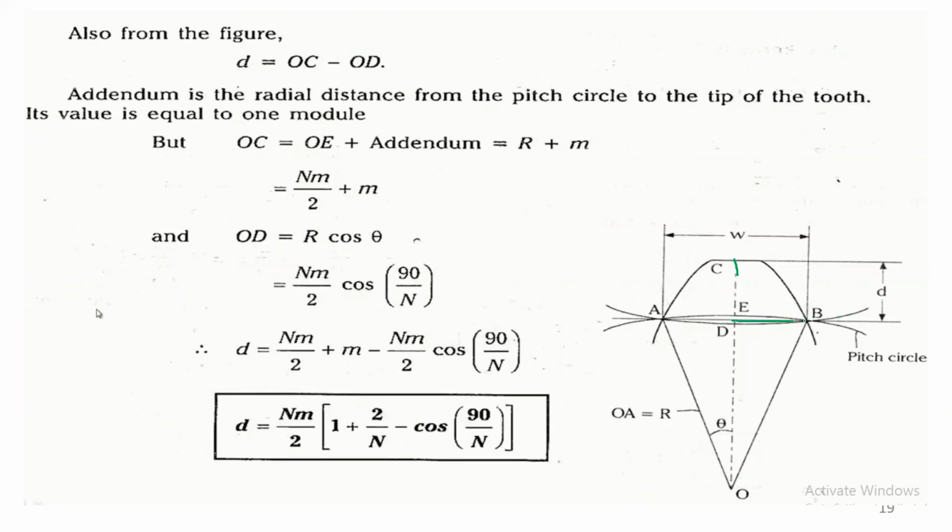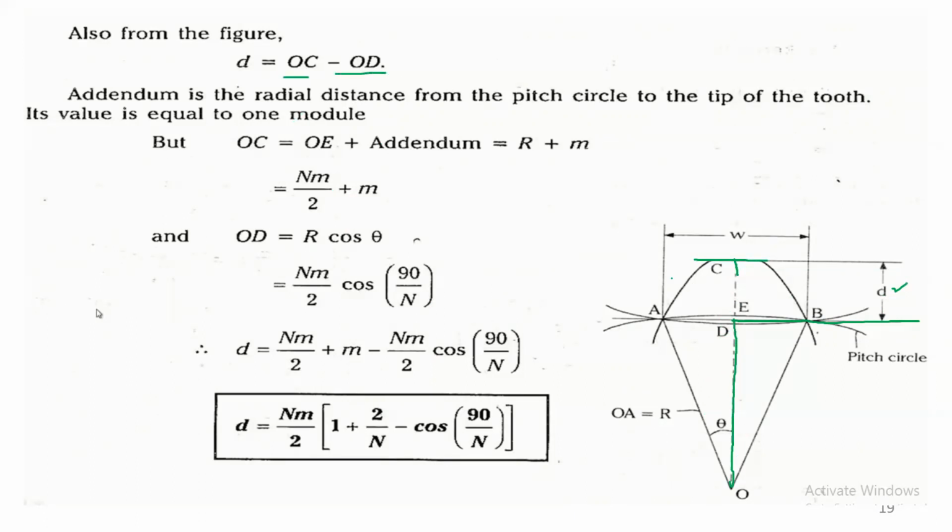So this is the depth up to this. OC is the total, up to the top of the tooth, and OD is up to the chord. So we want to measure the chordal addendum d. This d is equal to OC minus OD.